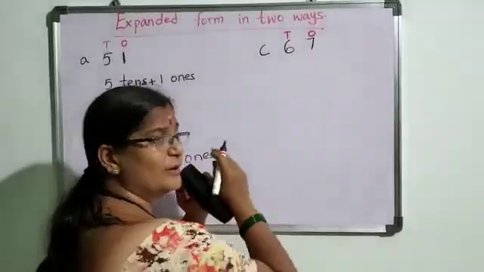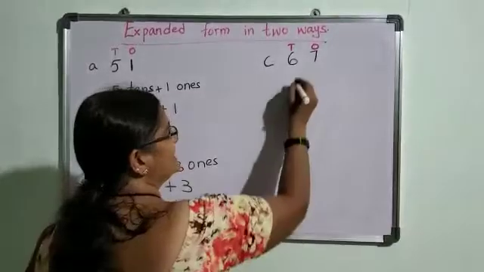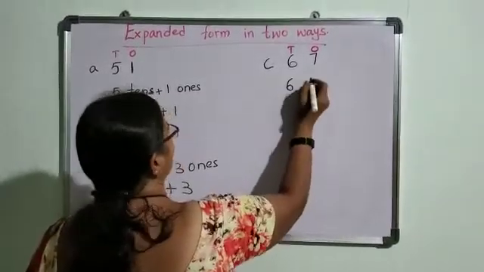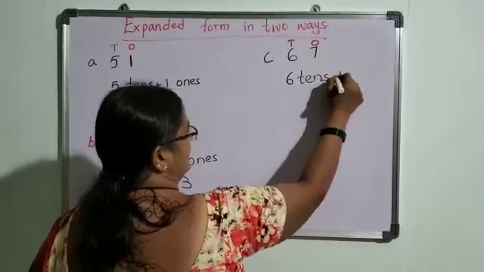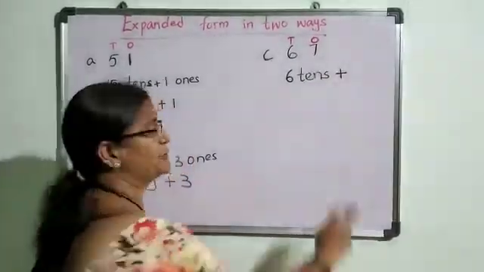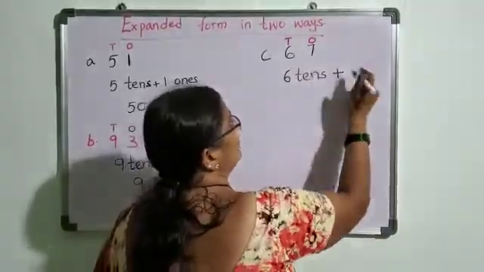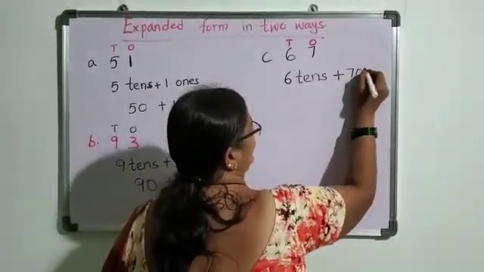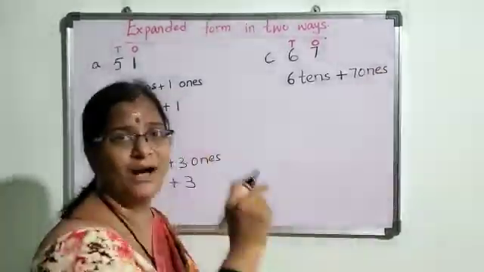Means you should write clearly. So, 6 is in tens place. 6 tens plus, you should write plus, then 7 ones. 7 is in ones place, so 7 ones.